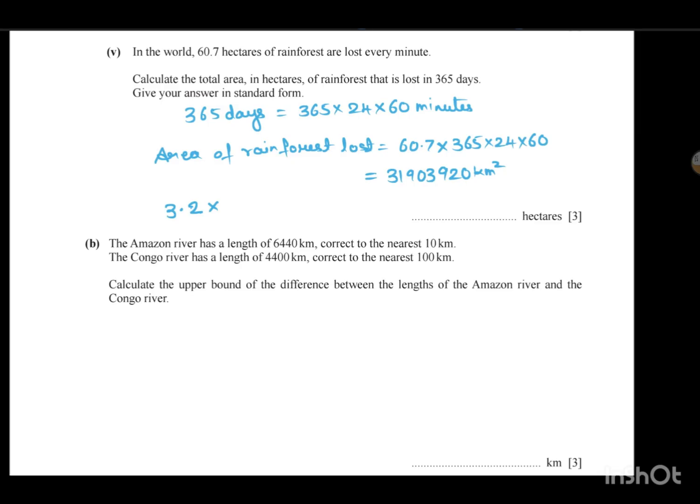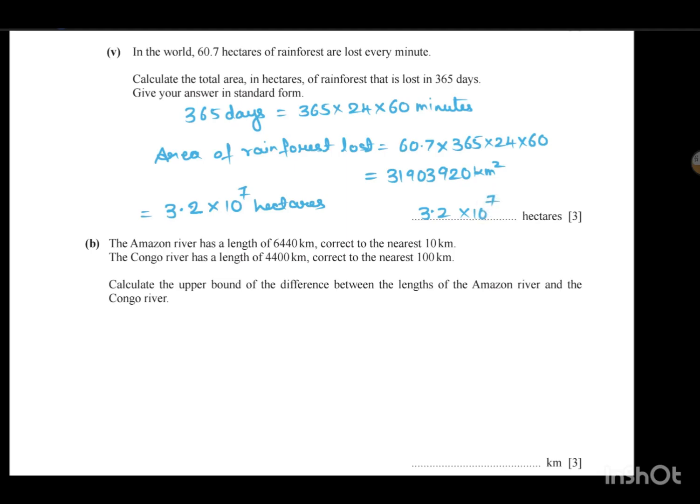Let us count. 1, 2, 3, 4, 5, 6, 7. So the 10 raised to will be 7. Sorry, not kilometer square, my bad, it is hectares. So it is 3.2 into 10 raised to 7 hectares. Question number 5 is done.